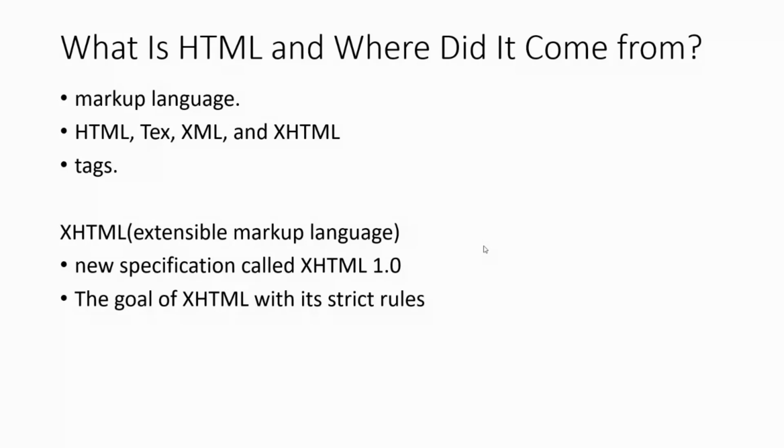But XML allows the user to create user-defined tags. Suppose you are creating a text box and giving it a name; you can create your own name for that particular tag.